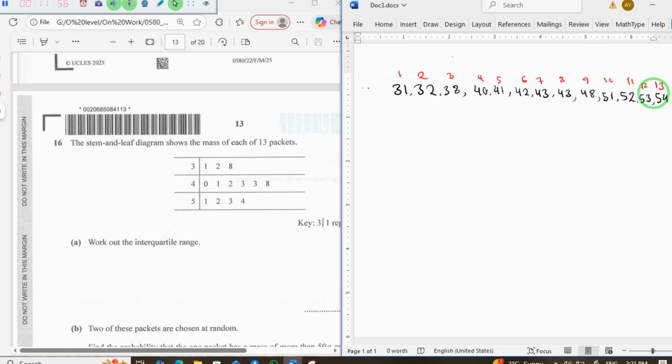The number of data here is 13. We first find the median, actually Q2. Q2 is equal to the median, 43.